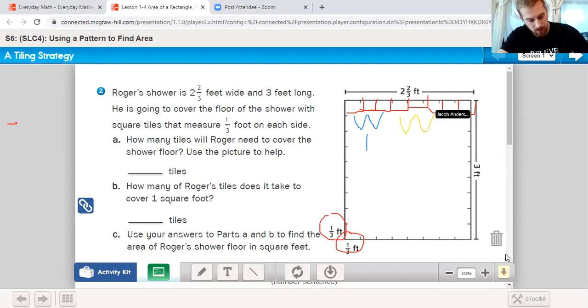It's going to give us 2. And if I change my color again, we'll use green. You got 1, 2. That's not giving us a full foot. So that's where our 2/3 come into play. That makes sense. Because since we know there should be 9 tiles in a square foot, we only have 8 across here.